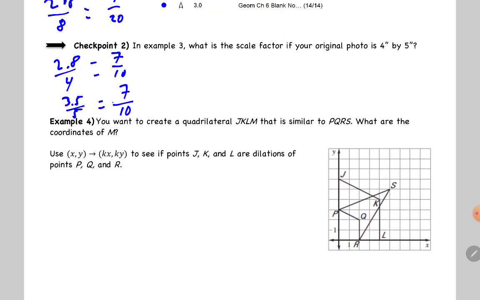You want to create a quadrilateral JKLM that is similar to PQRS. What are the coordinates of M? So use X, Y to see if JKL are dilations of PQR. Okay.